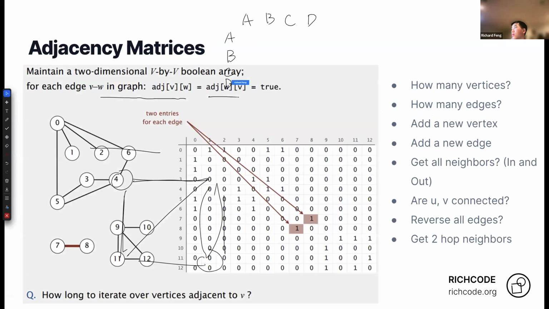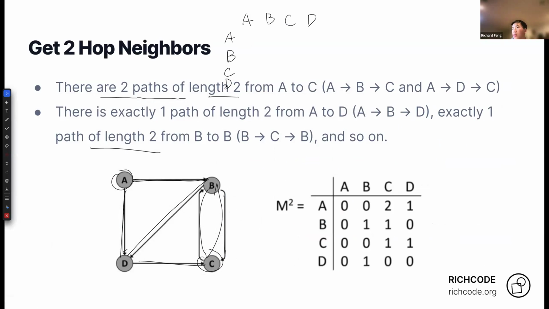So it was on the previous slide, this one. So it would be 0. The diagonals are all going to be 0 because you can't go to yourself. And then A to B, there is a connection. A to C, there is no connection. And from A to D, there is a connection.